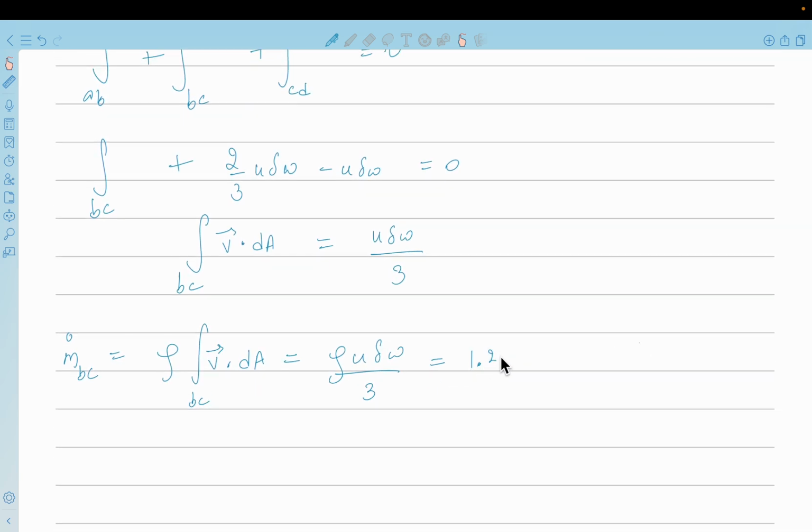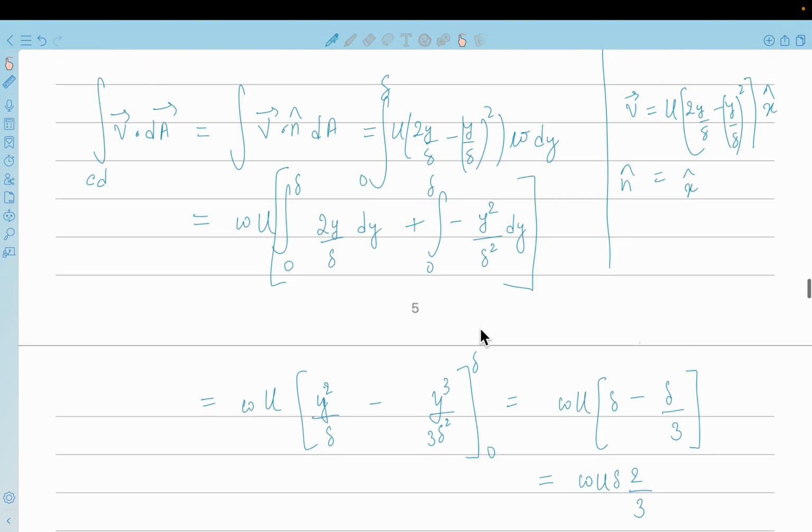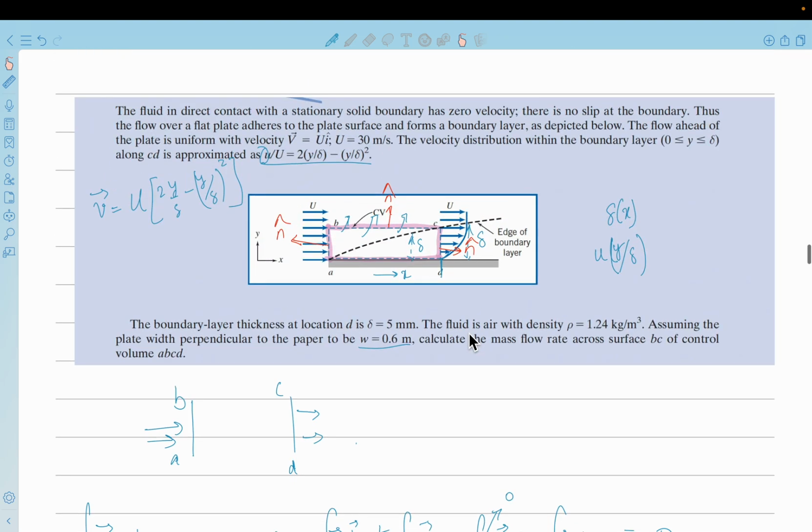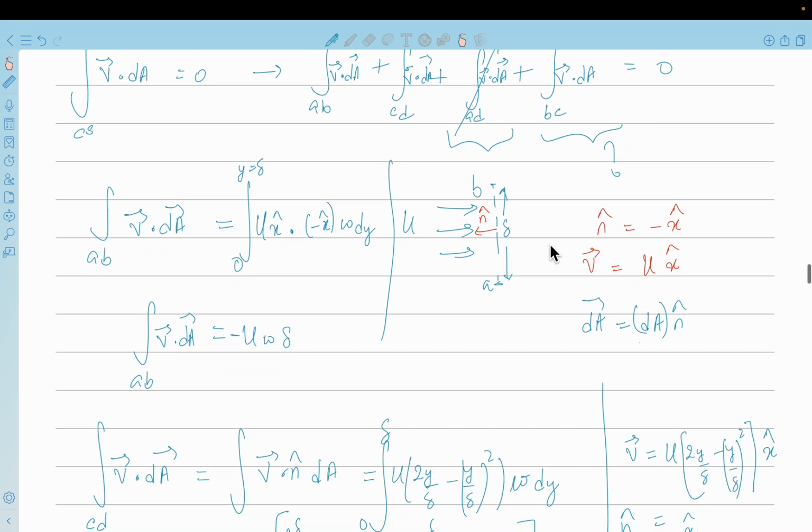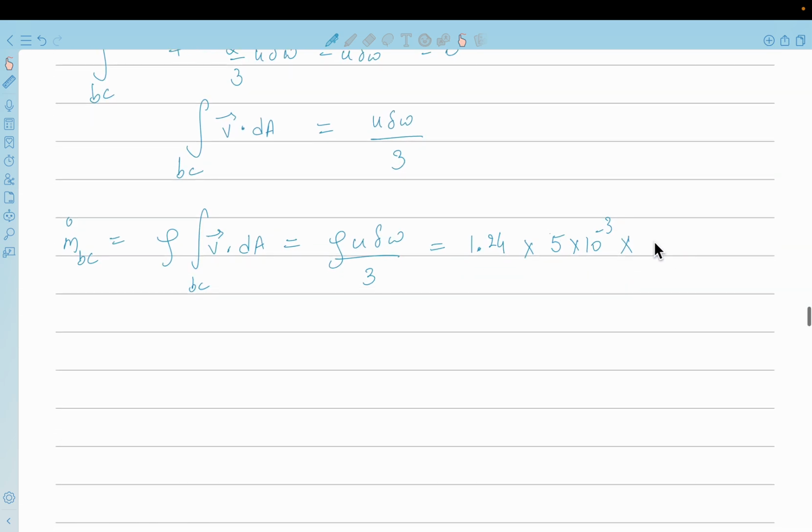So this is 1.24 kg per meter cube into u into delta. So delta was 5 mm, so 5 into 10 to the power minus 3. So we need the value of u and w. W is 0.6 meter and u is 30 meters per second. Okay, so we have 30 into 0.6 divided by 3.